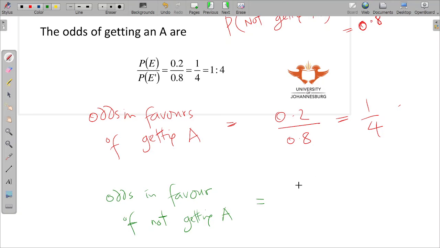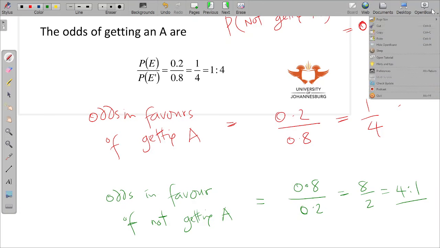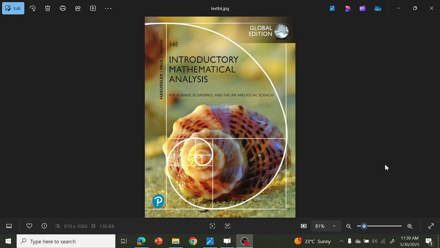That is just the probability of not getting an A over the probability of getting an A, which is 8 over 2, which will be 4:1. That is the odds in favor of not getting an A. Please ensure that you understand. Thank you.